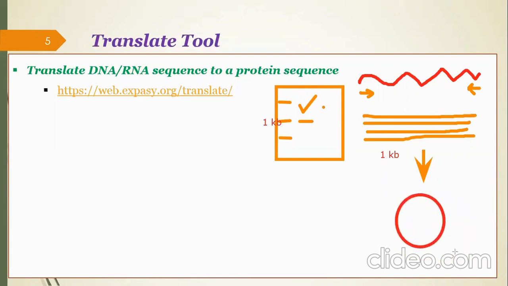So I need to clone this DNA in a plasmid. After sequencing, I confirm the sequence, and then I clone this in some plasmid.